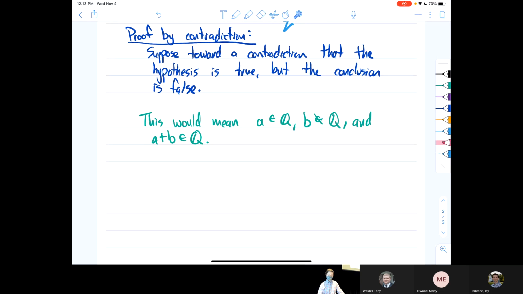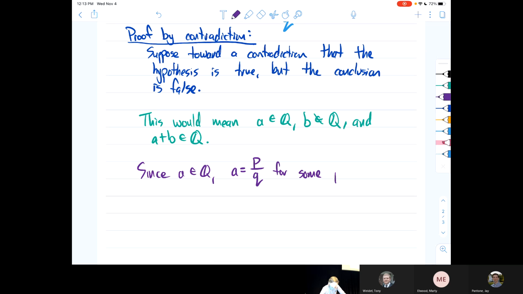So since A is rational, A equals, let's say, P over Q for some P, Q in the integers with Q not equal to 0.